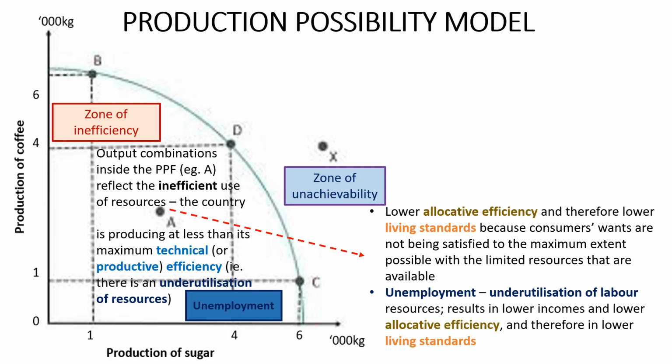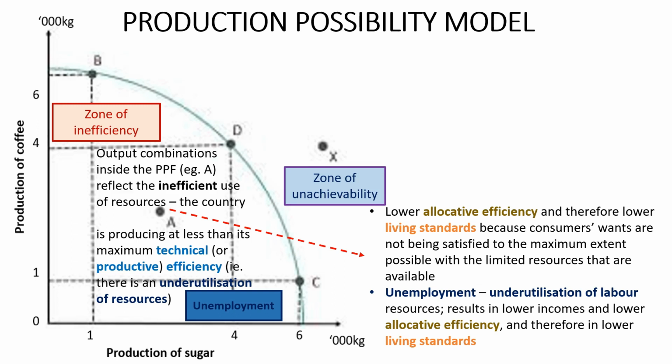In addition, the fact that there is unemployment means that some workers are not being paid an income, or perhaps they are being paid a lesser income than they would get if they were fully employed. Again, this means that allocative efficiency and therefore living standards are lower than they could be.